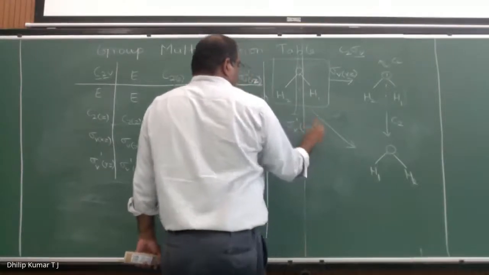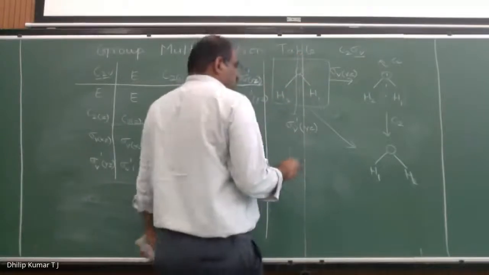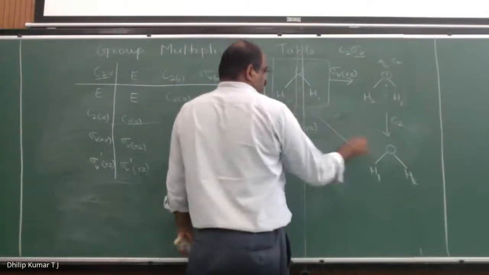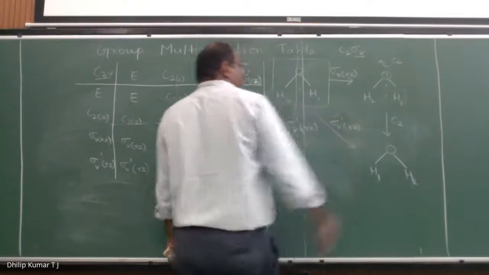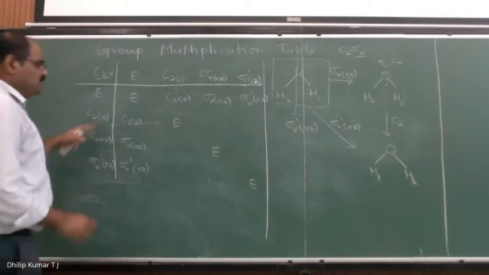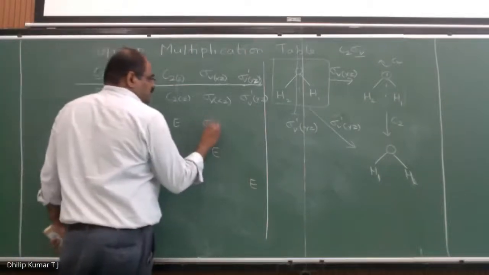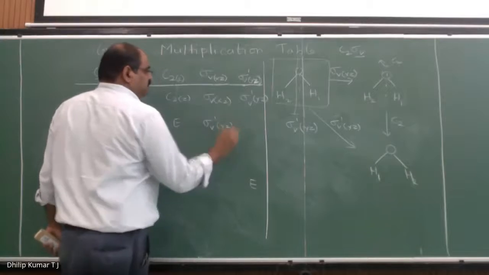Place a mirror across this molecule, then these atoms will be interchanging. So we'll end up with sigma V prime YZ. So sigma V multiplied by C2 will result in sigma V prime YZ.